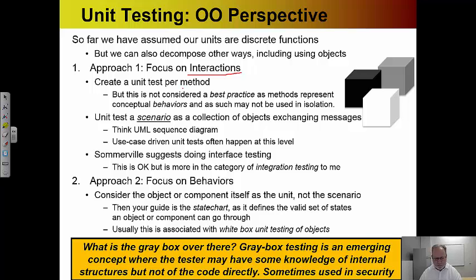I could write a unit test per individual method on an object, and you will do that. But from an object-oriented perspective, this is still considered somewhat functional, because the output of a non-static method on an object depends on the state of the object. Which means when you're designing your black box unit tests for a method, not only do you have to consider the method signature, our input parameters, our return value, our exceptions if they're there, but there's another thing we have to consider.